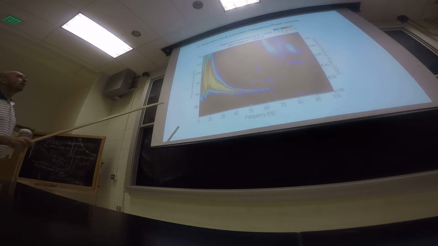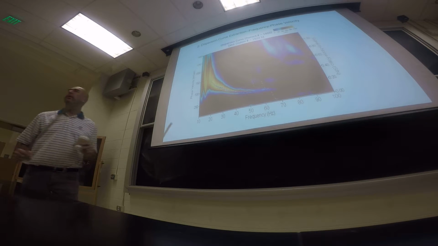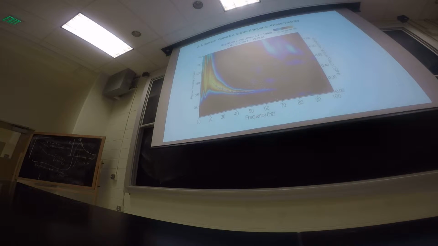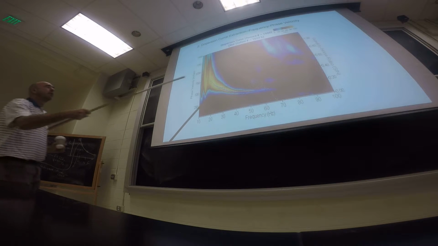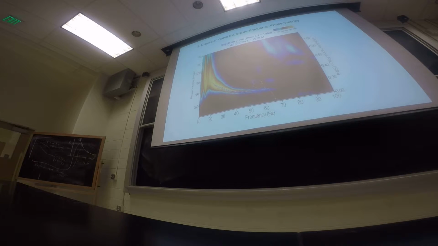But why does it make sense that as frequency goes lower, the phase velocity increases? Again, the wavelengths are longer, the wave sees deeper into the earth, the velocity increases with depth, and that's the kind of curve that we see. Now, if velocity were to decrease with depth, then we might have a different picture. Maybe it'll look like this, going the other direction.